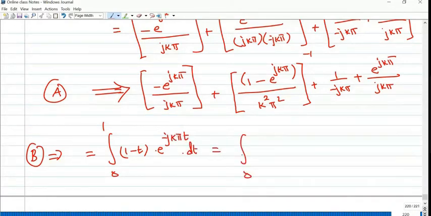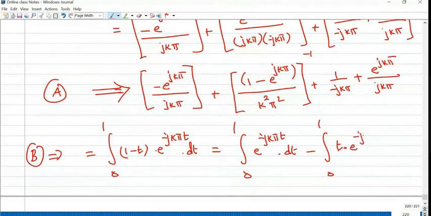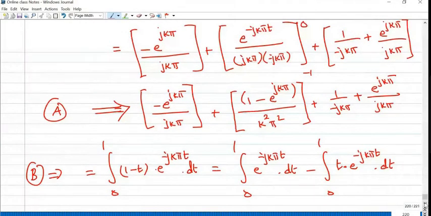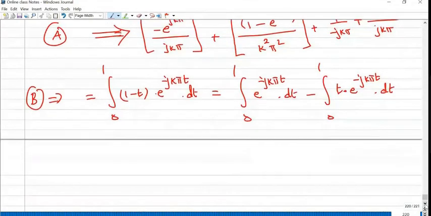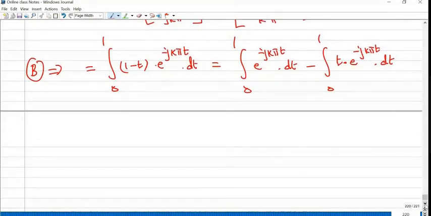So split this 0 to 1. E power minus jk pi t dot dt first. Then minus integration of 0 to 1 t dot e power minus jk pi t dot dt. Okay. Now solve this. Finally add a and b and we will check for the final result.